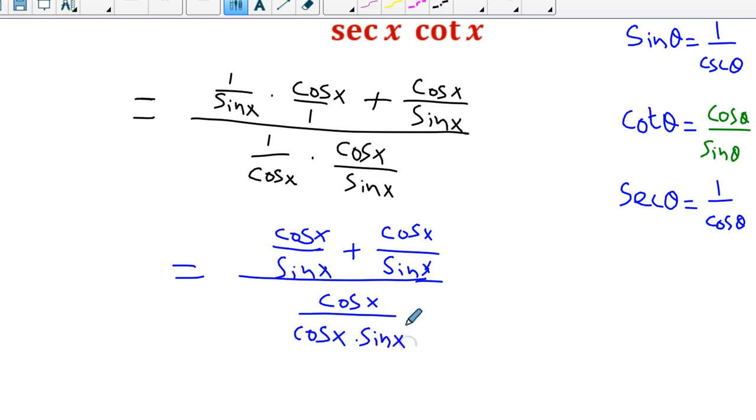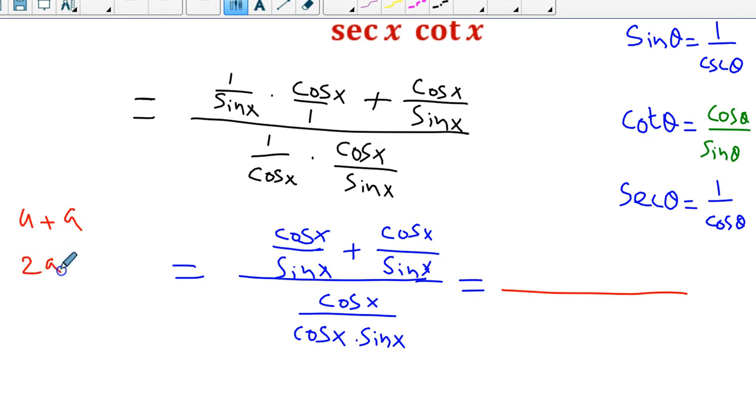Let me write equal to here and use a different color. Divide. Now this is cosine x over sine x plus again cosine x over sine x. The two ratios are identical. Suppose I have a plus a, what is a plus a?